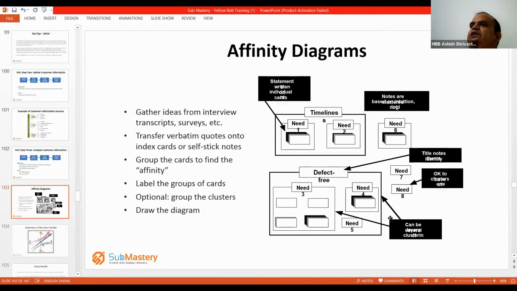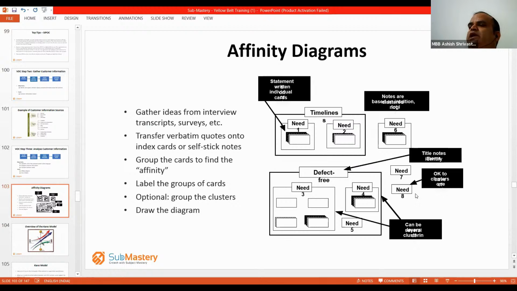So with an affinity diagram, you can have a board like this where you gather ideas from different interviews, different kinds of surveys, and you use some kind of cards where you mention their needs. What are the needs of your customers? You can put these cards in this board.